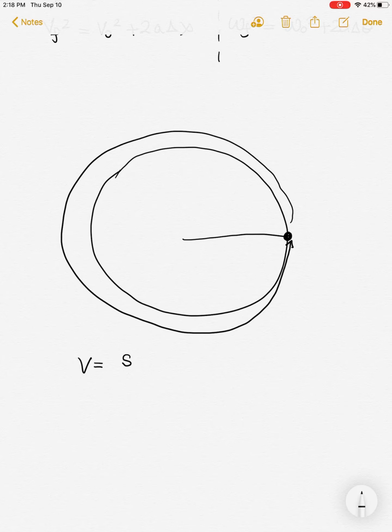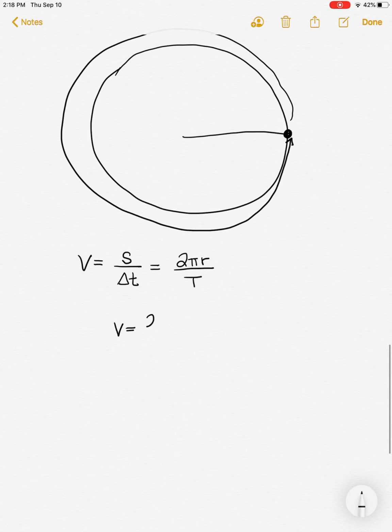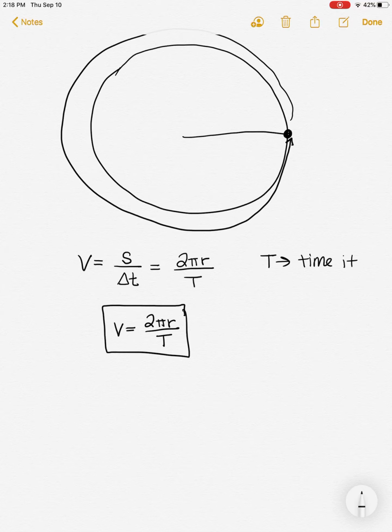If I wanted to calculate the velocity, I would have to think about my arc length, and then I would have to think about my time, delta t. So here my arc length for the entire circle is equal to 2 pi r, and then my time for one full revolution is just going to be my period, since I know that the period, capital T, is going to be the time it takes for one revolution.